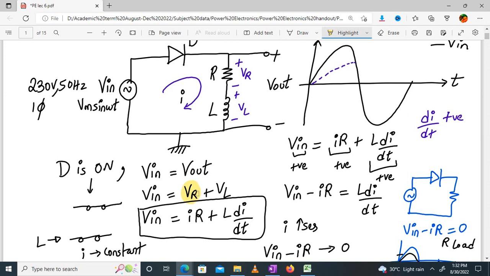It cannot be recovered. But the energy in the inductor is stored in the form of a magnetic field, and that energy can be used again, retrieved back. Are you understanding? V in has two jobs. The number one job is to dissipate the energy across the resistor as long as the diode is on, and store the energy in the inductor. So whenever di by dt is positive, my inductor is storing energy. So L stores energy.